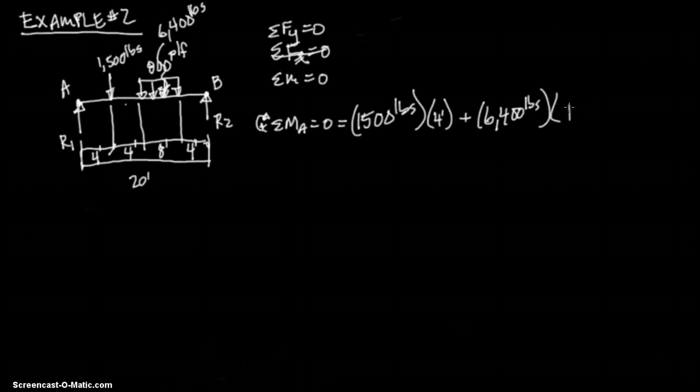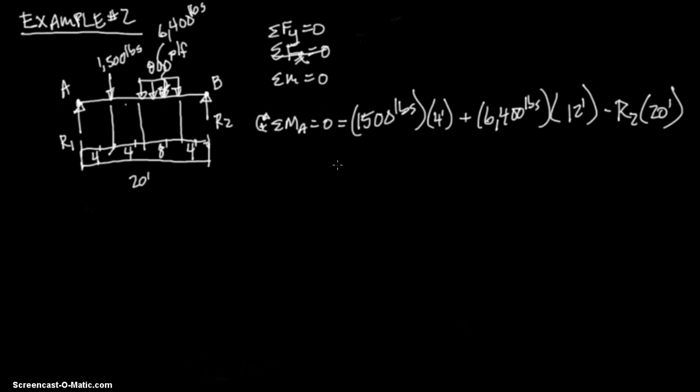So what is that? We said 12 foot. And then we have our R2, which is going to induce a negative moment. So we're going to do minus R2 times 20 foot.